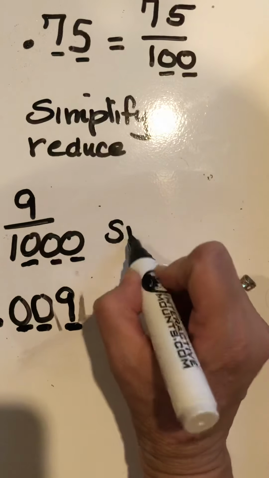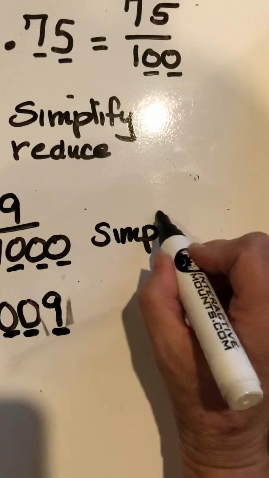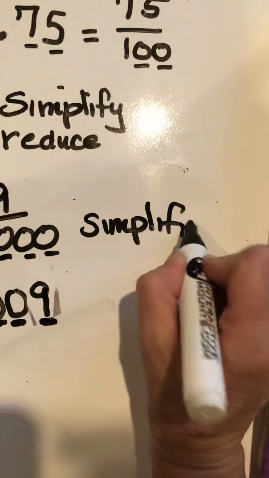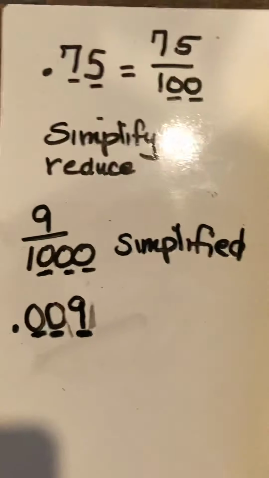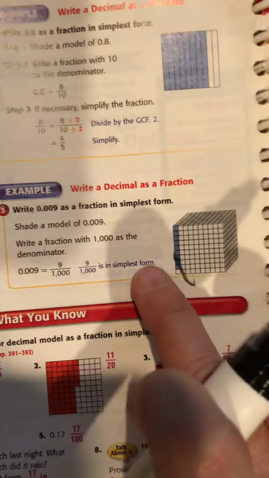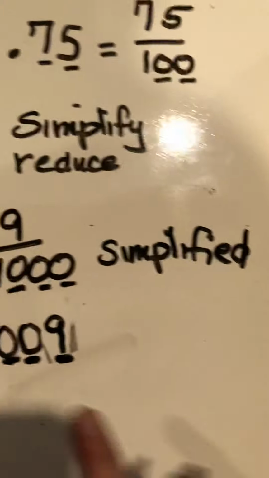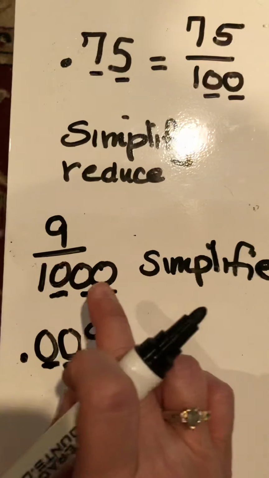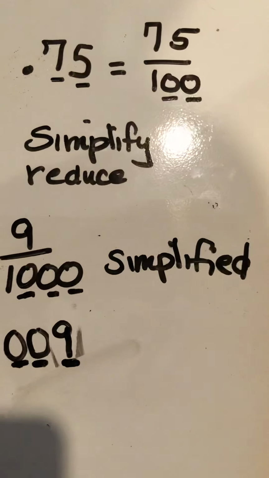So I would just write simplified for that one. It says 9 1,000ths is in its simplest form. We can't divide that at all. So that answer would be 9 thousandths, and it's simplified.